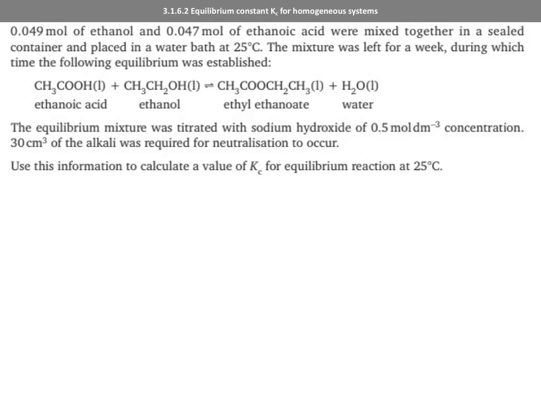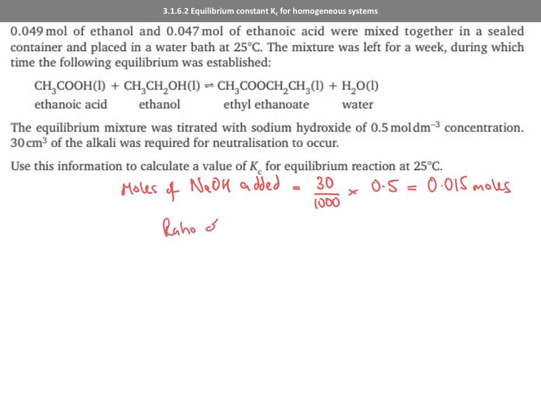So moles of NaOH added, that's how we'll do it, equals, remember, moles is volume times concentration, but it's volume in decimeters cubed times the concentration, so that equals 0.015 moles. The ratio of NaOH to ethanoic acid is 1 to 1.